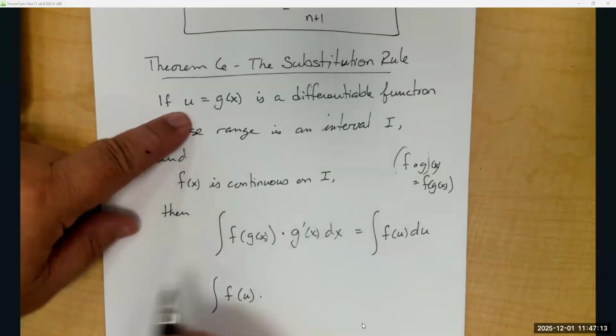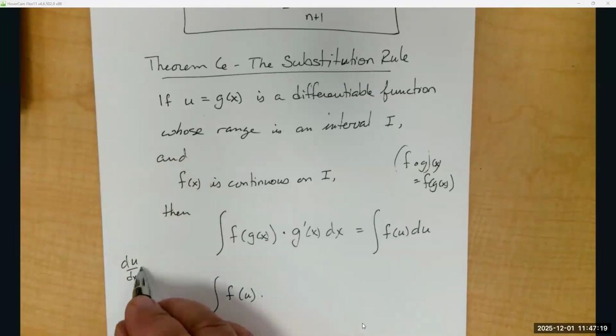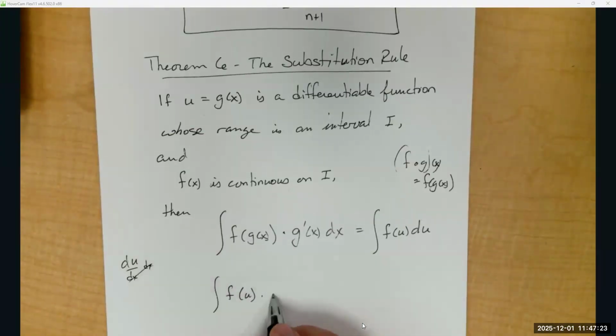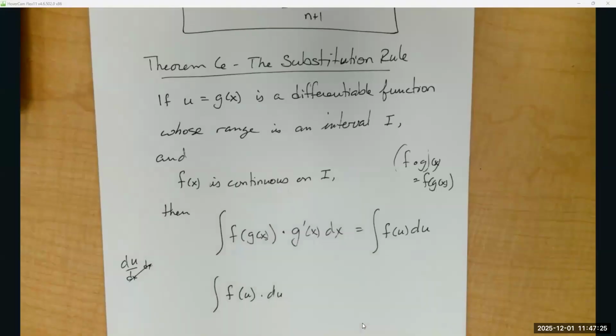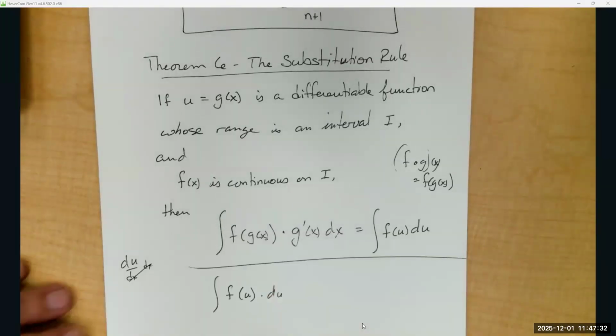It's du dx. Then that dx cancels, so we're left with du, which is what that says. So this is the substitution rule, and we're going to be using this a lot more. Let's look at the next example.